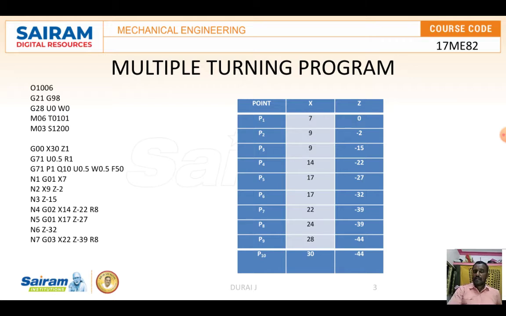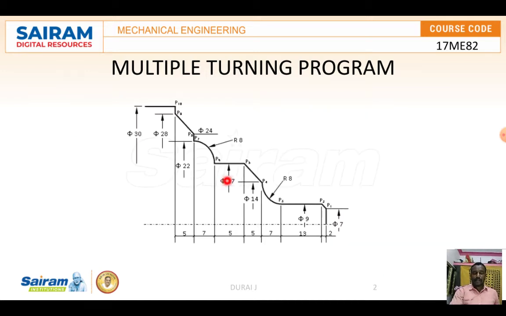As usual we are going to write the program with an O followed by a 4 digit number. Here I am going to take it as 10006, and G21 is the metric data input, G98 is the feed per minute, and G28 U0 W0 is the reference position return, M06 T0101 is the tool change. Here all of this operation you can do with the single point cutting tool.